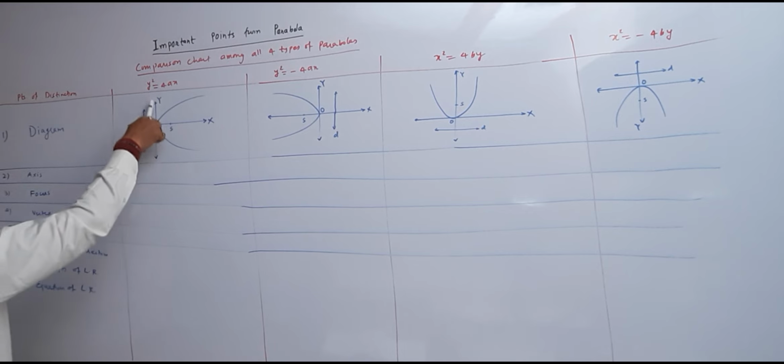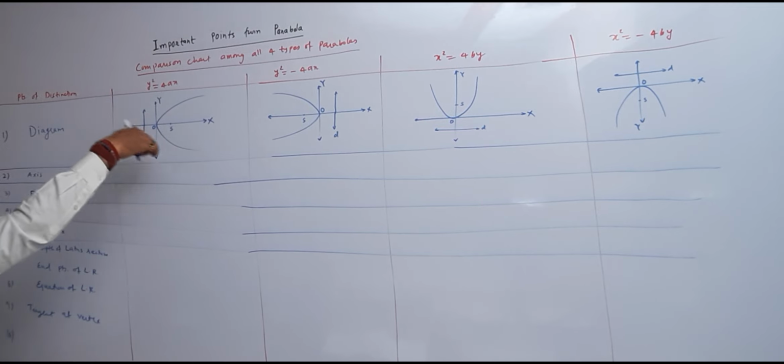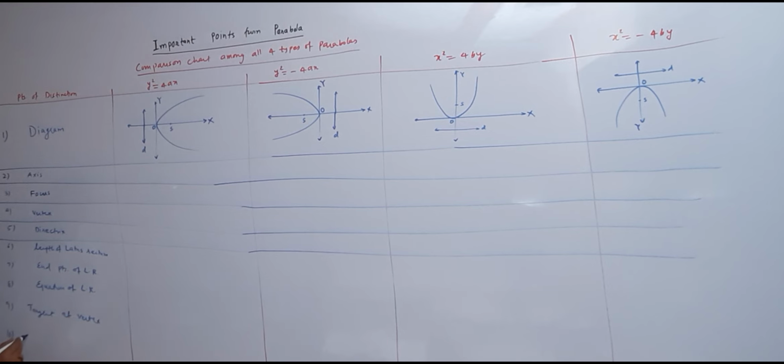And then this is tangent at vertex. And point number 10 is, in which quadrant is the parabola extended? Extension in the quadrant.